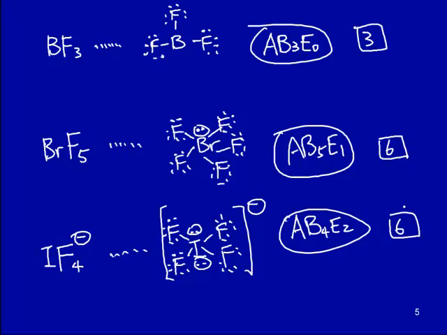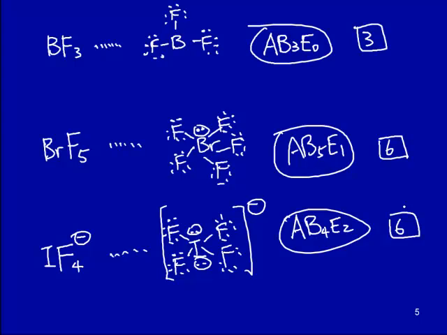With that, let's recap. If we write the proper Lewis structure, we can start getting the information on the total number of electron groups. The first step is writing the proper Lewis structure for either the compound, polyatomic ion, or ionic compound.